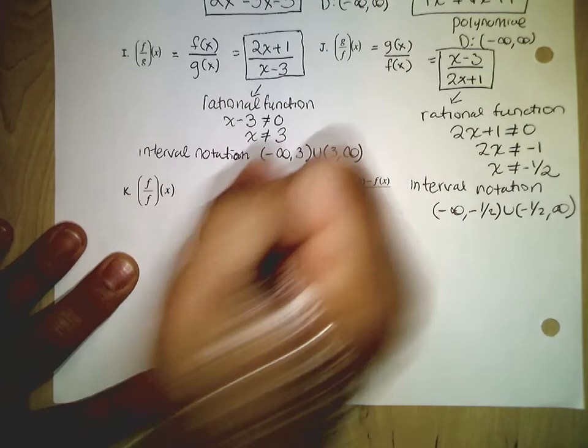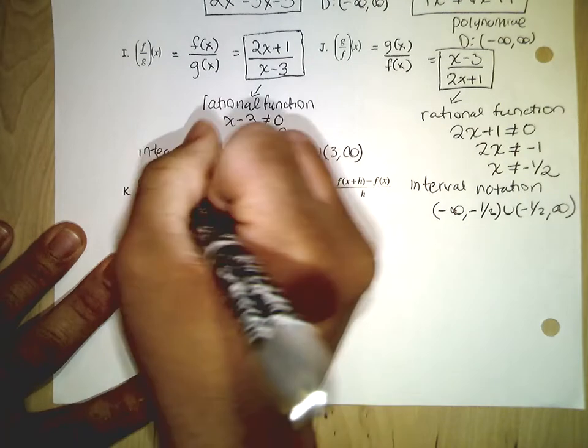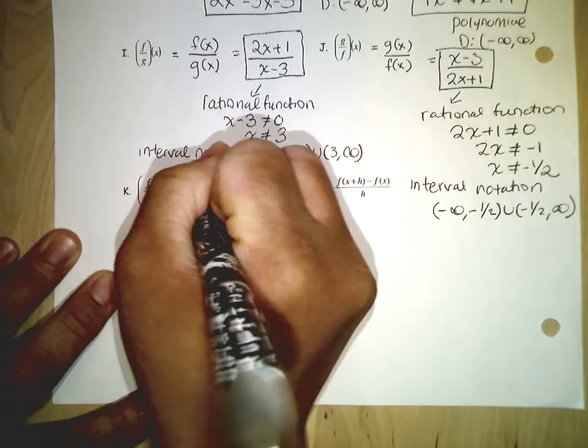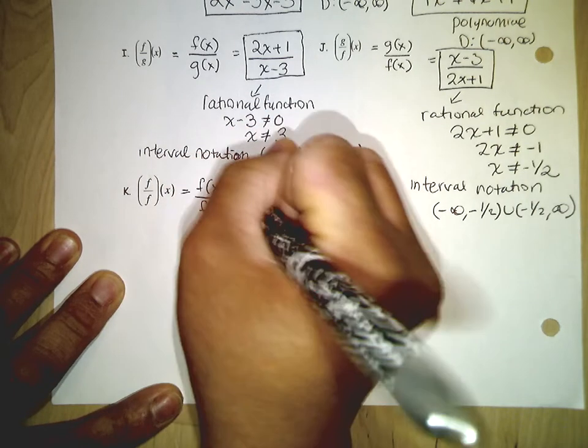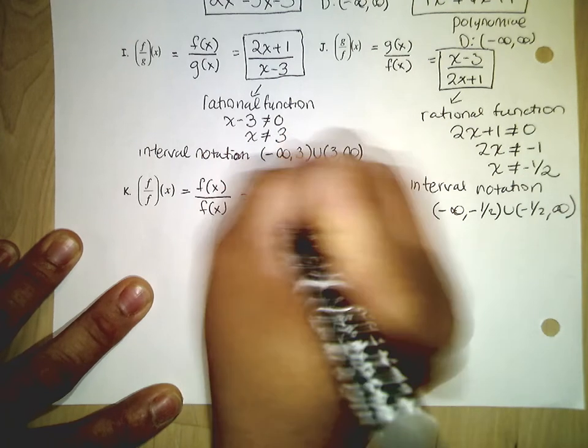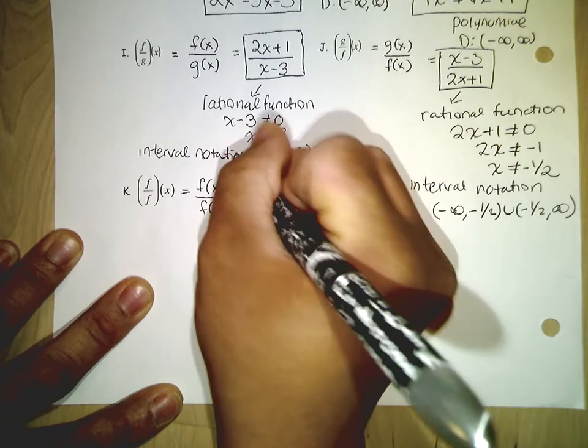All right, K. K is a little bit trickier. F divided by f of x, that's f of x divided by f of x. So this is 2x plus 1 divided by 2x plus 1.